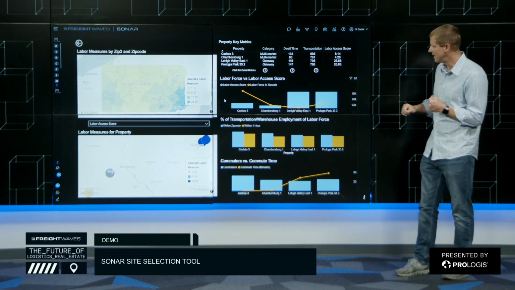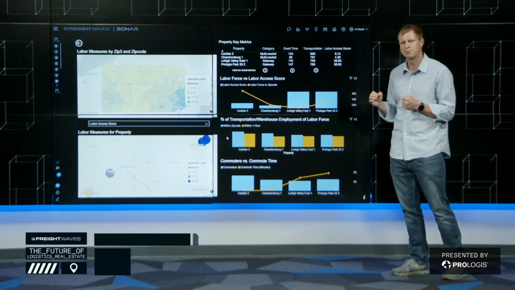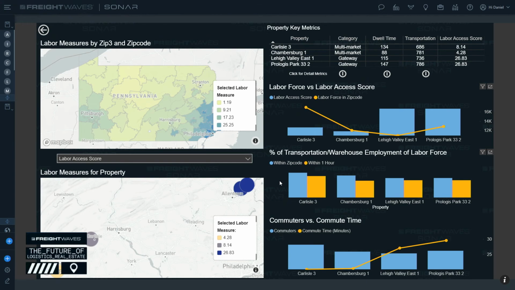Going on down to this next tier, the percent of transportation and warehouse employment of labor force. This is a breakdown of how many people are within that zip code itself. You can see Carlisle 3 has a big, strong blue bar there, indicating there's a ton of people located within that zip code itself. Within 1 hour, not so bad, a little bit stronger.